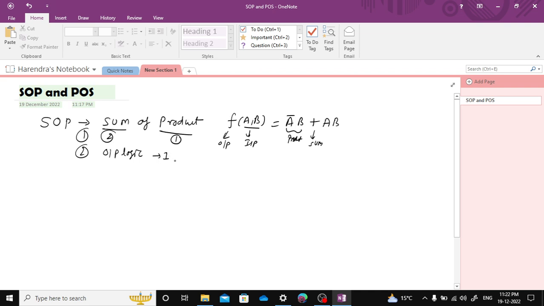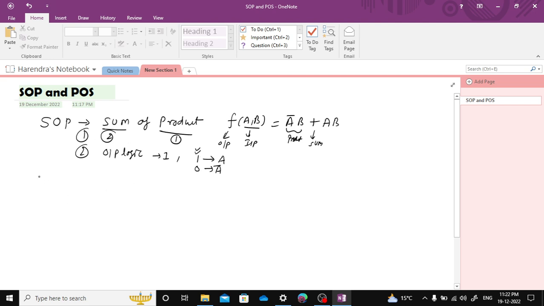So when output logic is 1, 1 means without complement, and 0 means with complement. So when we have a truth table and we have to design the SOP expression, we have to take only the values whose output logic is 1. So you have to consider the 1s to calculate the final output value.